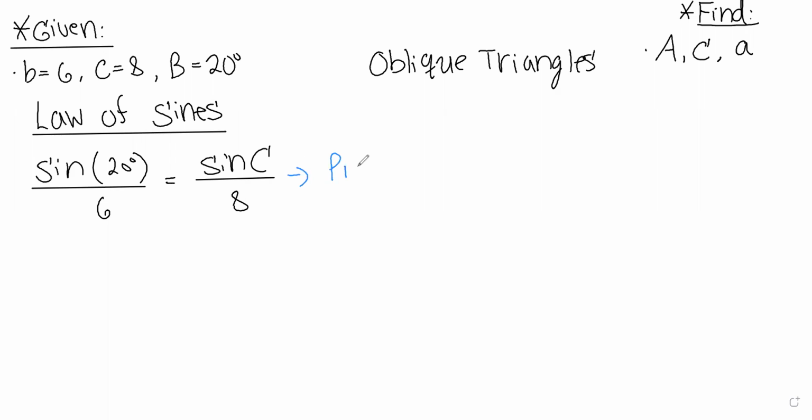Now, when you have a fraction equal to a fraction, this is a proportion, and it's great to simplify proportions by cross multiplying. So it's good to remember your prerequisite algebra. When you see a fraction equal to a fraction, that should signal that you cross multiply.